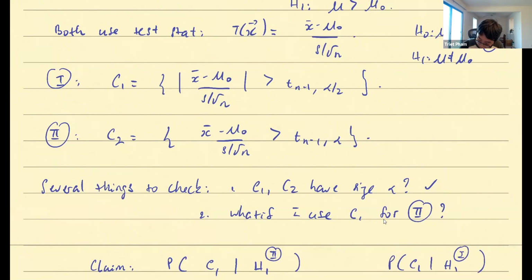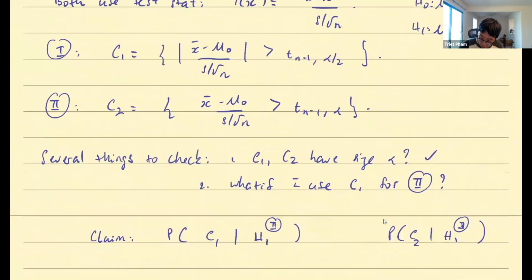So the power of C1 in the type 1 test, sorry, C2, let's say C2. The power of C2 in test 2, which is the most appropriate one, would be higher.